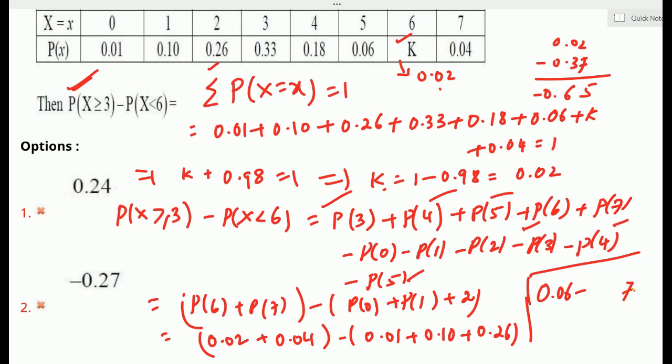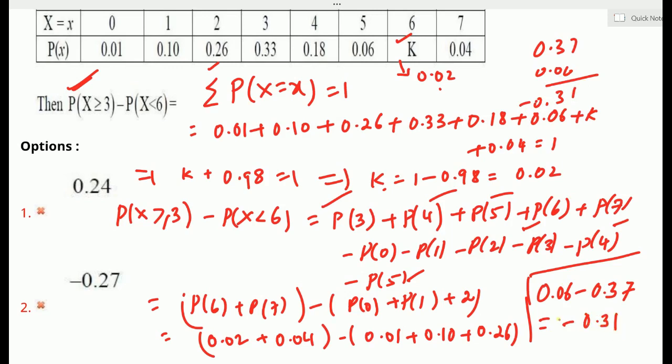Then 2 plus 1 is 3, so 0.37. 0.37 with 0.06, now we have to calculate it. 0.37 minus 0.06. 7 minus 6 is 1, 3. 0.31 with negative sign. Now this is minus 0.31.